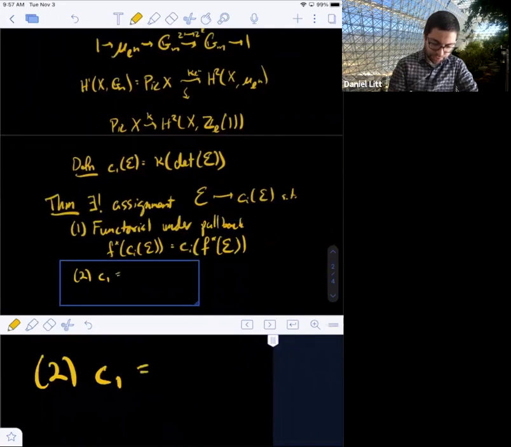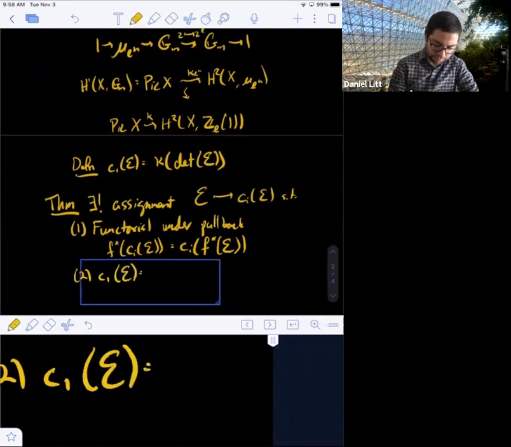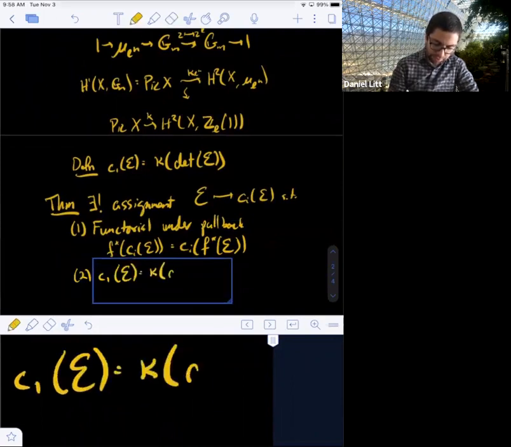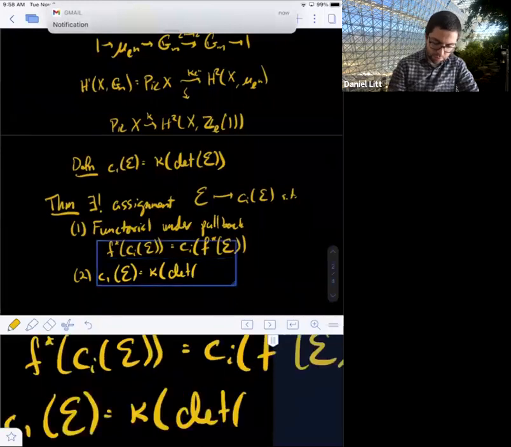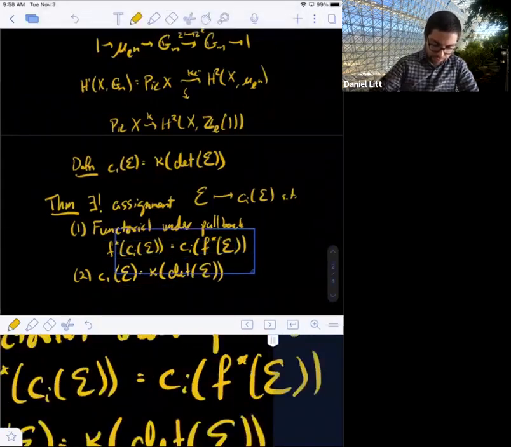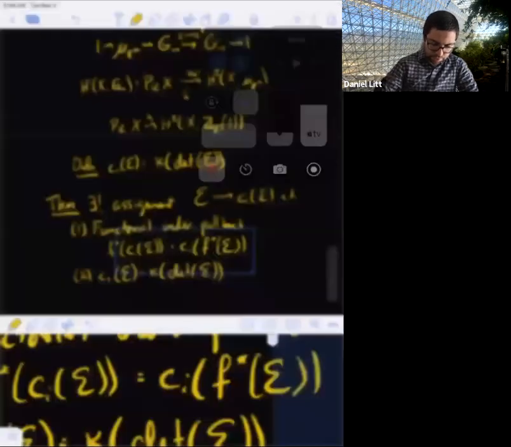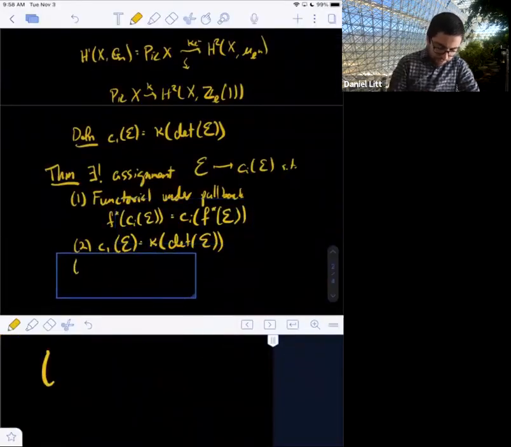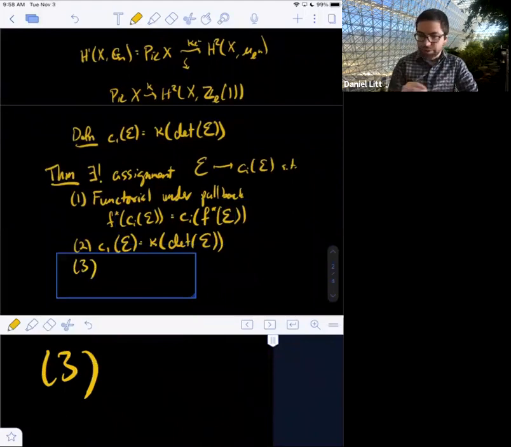So C1 of E is kappa of the determinant of E. And three, it's multiplicative under exact sequences.